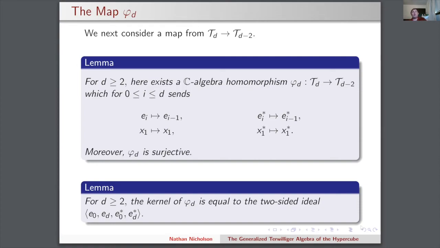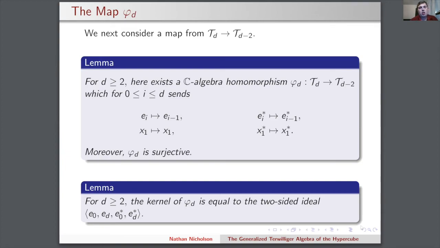Now, next, because we want to show that this ideal of TD is isomorphic to TD minus 2, you do that with a map. Now, what's cool is that the map is actually quite clean. When I was first working on this, I didn't necessarily expect the map to be so nice, but it works out really well.